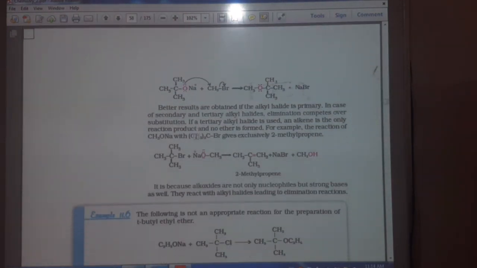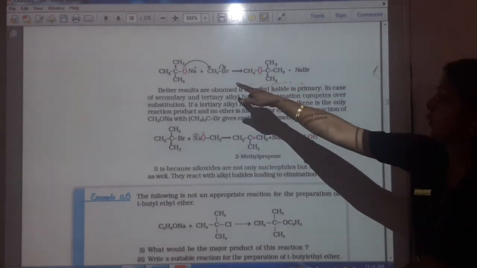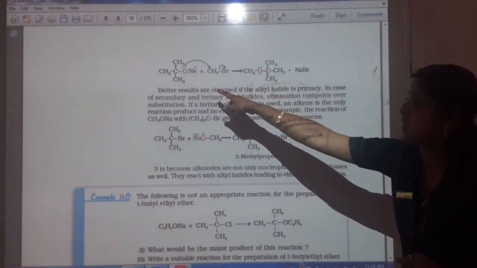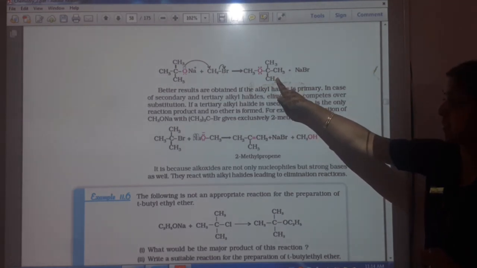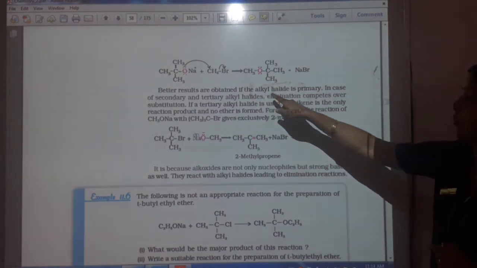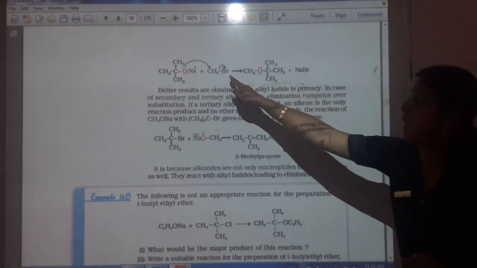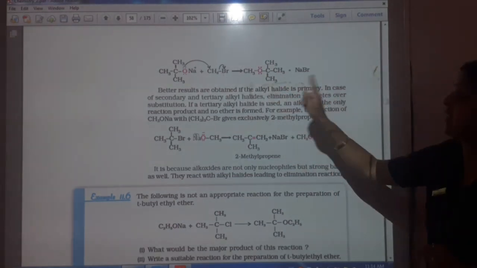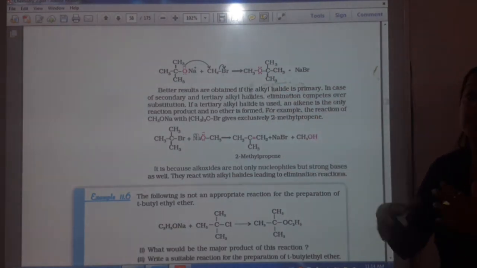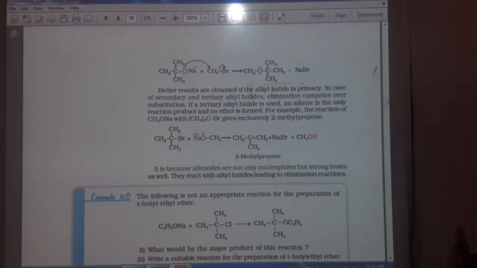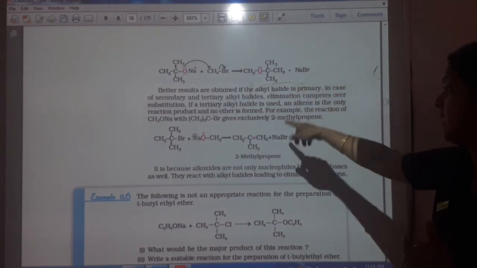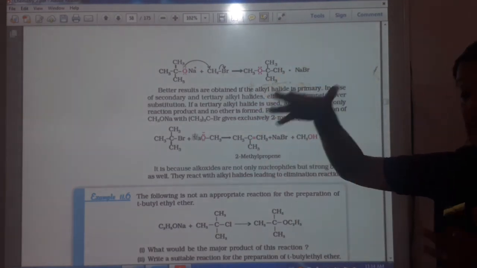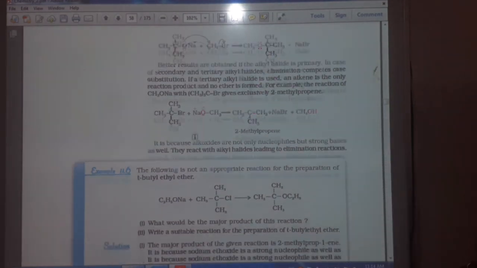An example is given here where you get a tertiary alkoxide with a primary alkyl halide and you get a compound like this. Better results are obtained if the alkyl halide is primary. In the case of secondary and tertiary, elimination competes over substitution, so you get an unsaturated compound as your product instead of your regular product, that is ether.